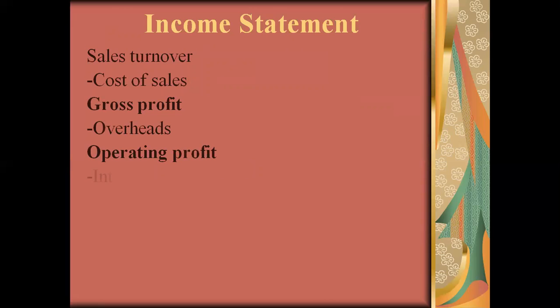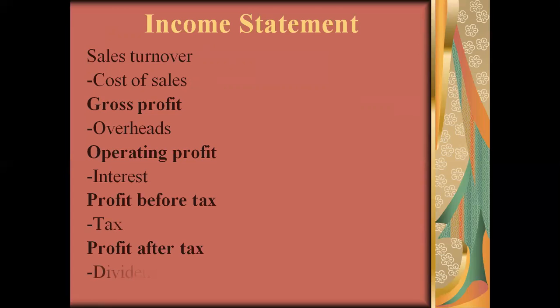Then you get operating profit, and then another fixed cost, which we call interest. If you have borrowed money from the bank, you have to subtract that as well. You get profit before tax, and this is what we call net profit. After that, we subtract tax, that is corporation tax. We get profit after tax, then dividends are paid to the shareholders, and finally the business keeps the rest of the profit, and that is what we call retained profit.